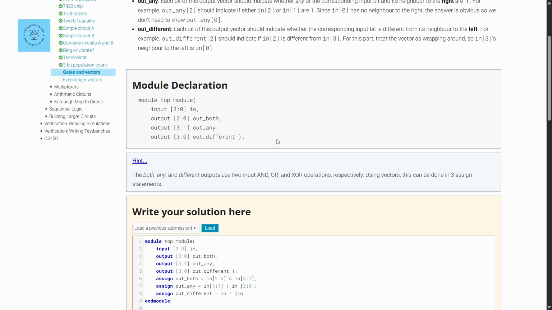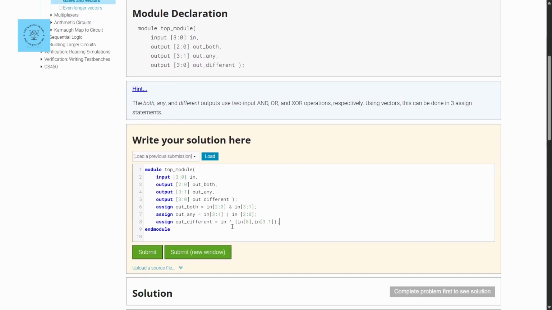They have told us to wrap around, so in XORed with {in[0], in[3:1]}. You may be wondering what this curly bracket is. It is like wrapping around, where the order will be 0, 3, 2, 1.